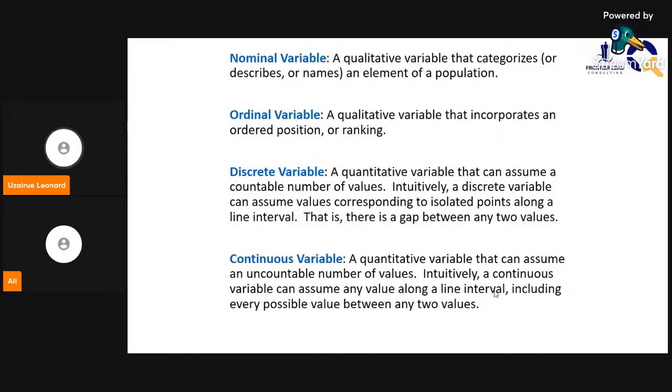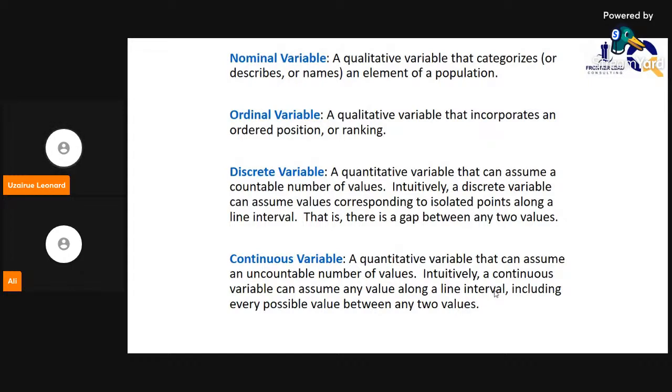Then when we talk about a continuous variable, it is also a quantitative variable that can assume an uncountable number of values.